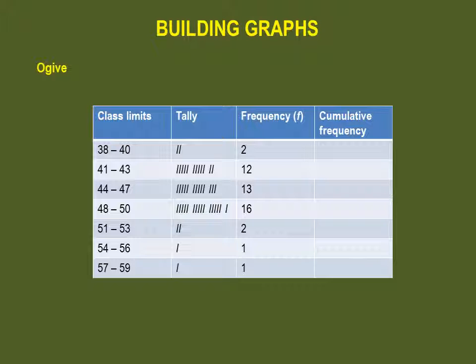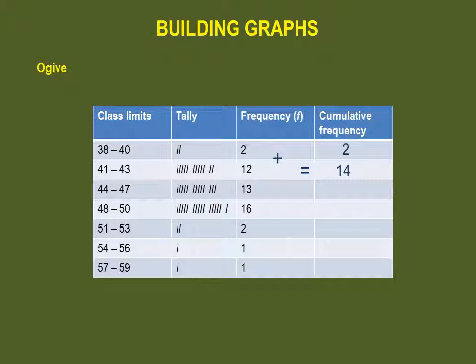As such, it has no frequencies before that. So it's 0 plus 2 gives us a cumulative frequency of 2. Class number 2 is preceded by class number 1. Class number 1 has a frequency of 2, so you add 2 to the frequency of class number 2, giving us a cumulative frequency of 14.